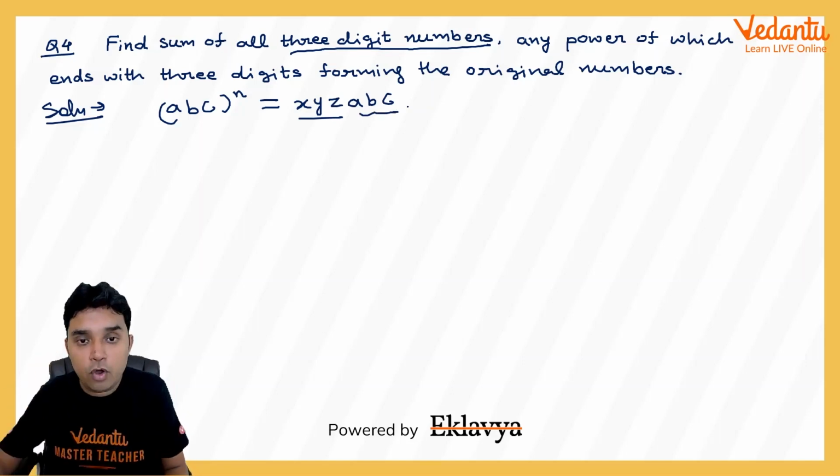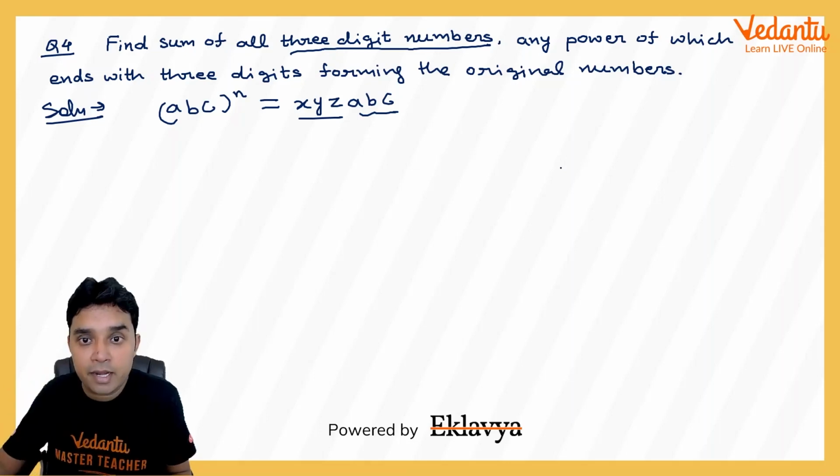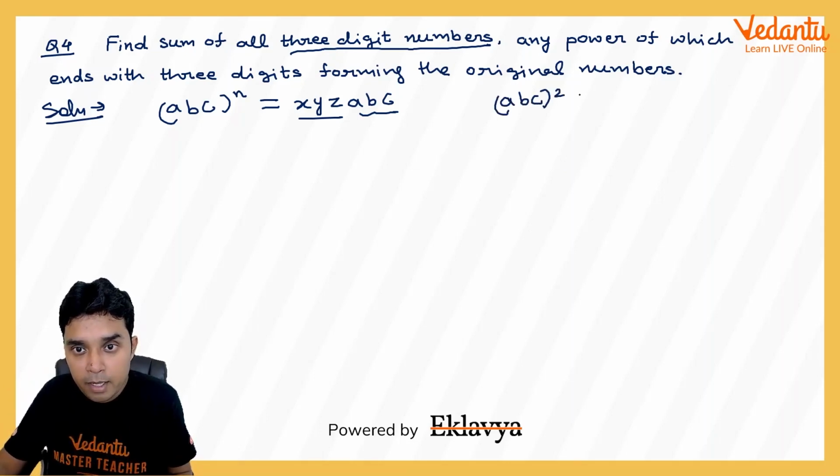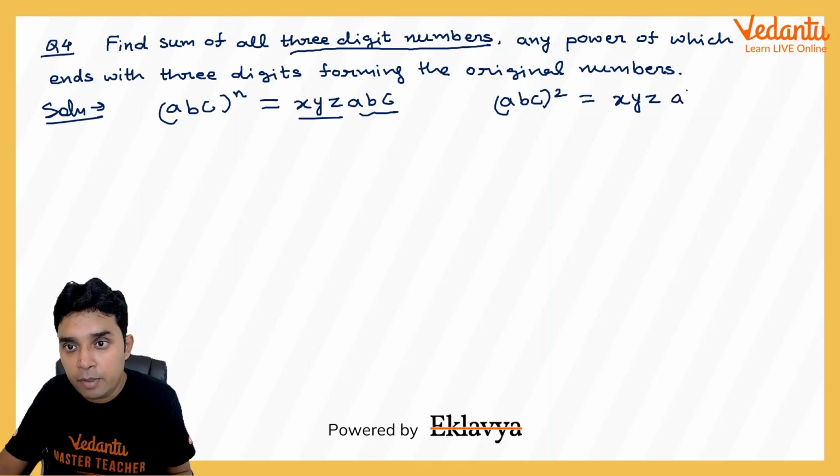Now one of my observations, or one claim here, is that if I do it for square only, and let us say this number has the property that it is having X, Y, Z at first 3 places and then A, B, C in the last 3 places.